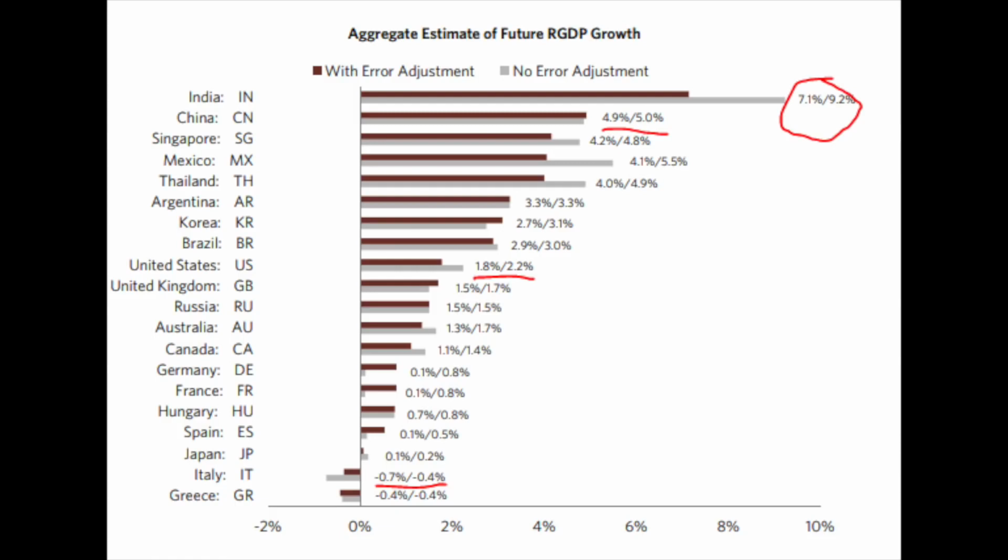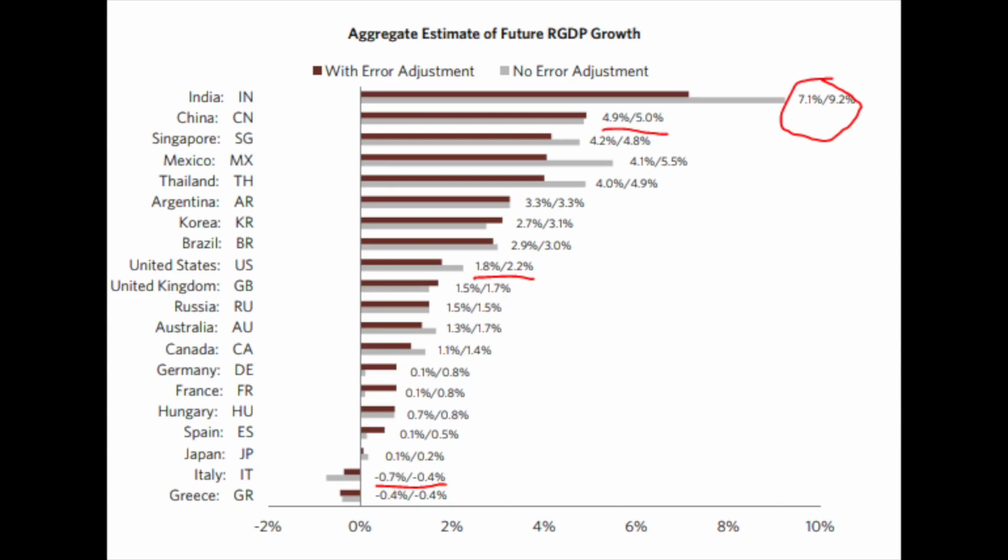Real GDP growth is expected to be at 5%. Add inflation, that's what, 6-7%. Those are staggering numbers. The United States is at 1.8, 2.2% over the long term, so if now it's at 3, it will be at 1 somewhere in the future, because it's all based on productivity. Italy, terrible situation, Greece, Japan, of course.